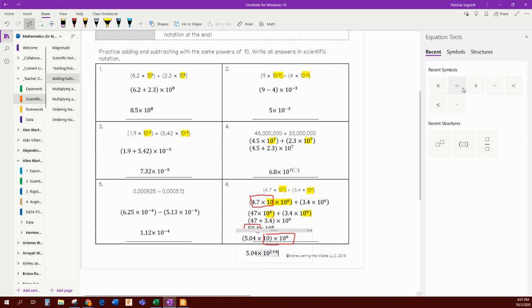And that is going to equal 5.04 times 10 to the 7th. Okay.